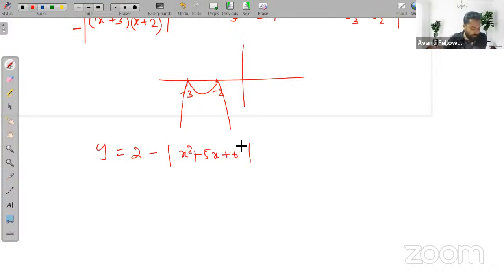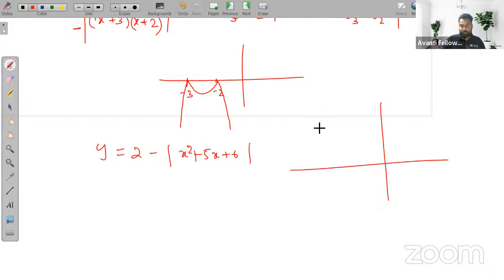This is the function, no? Yes. So when we add 2, a positive, to the given function, the graph goes 2 units downwards or upwards? When we are adding, the graph will be shifting upwards by 2 units.